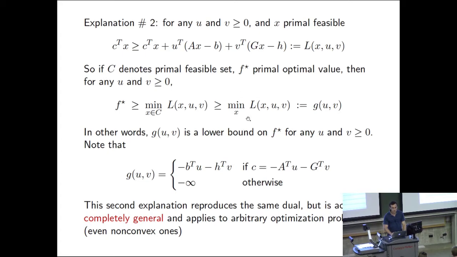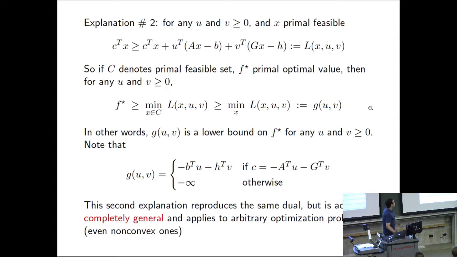This can only be made smaller if I minimize unconstrained over x. And this thing we call the Lagrange dual function. The reason we make this step is that often this thing is computable in closed form. For lots of nice problems, we can actually compute the unconstrained minimum of the Lagrangian in closed form. So it's really this inequality that is the key to Lagrangian duality.